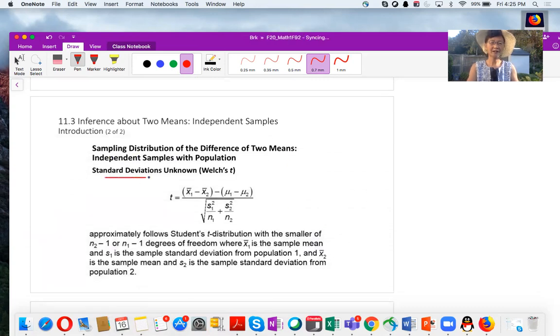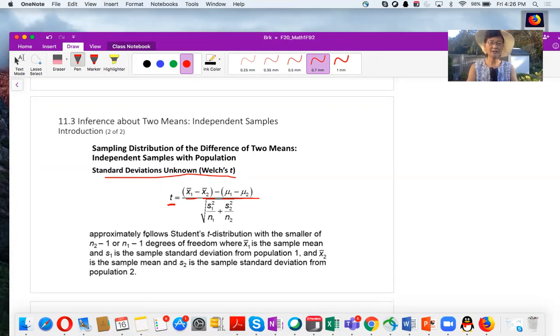This is the formula for T, the standardized T. It is sample 1 mean minus sample 2 mean, minus the difference of two population means, over the square root of sample 1 variance over sample 1 size plus sample 2 variance over sample 2 size.